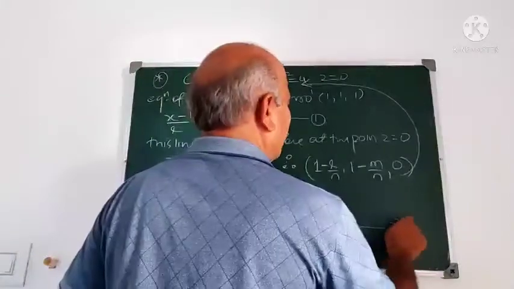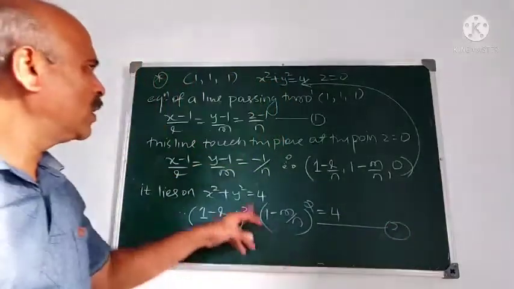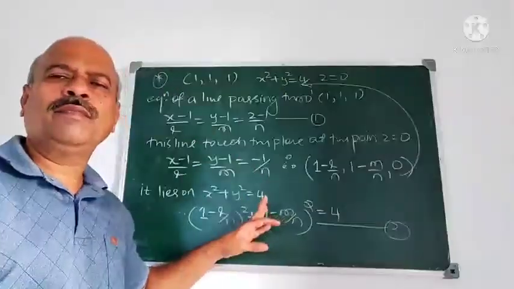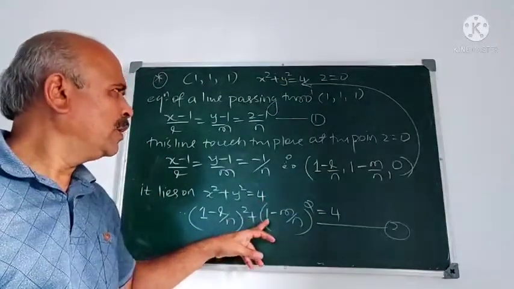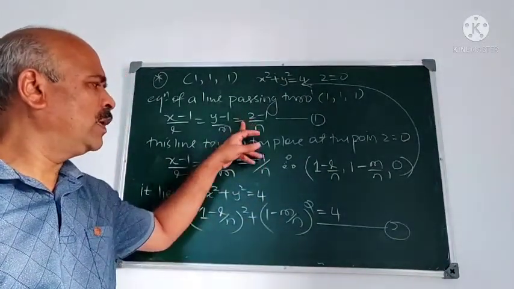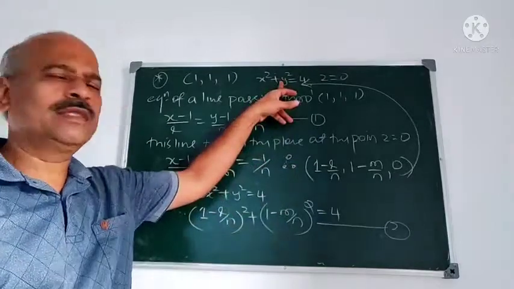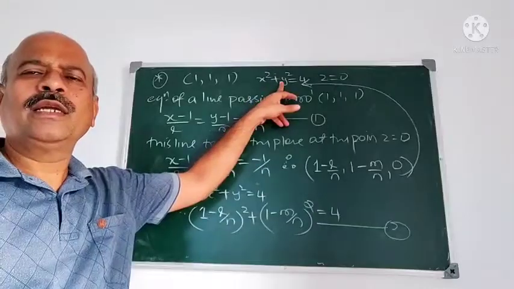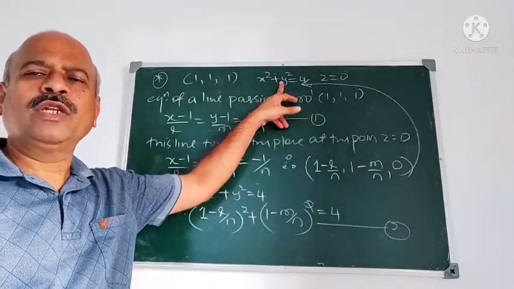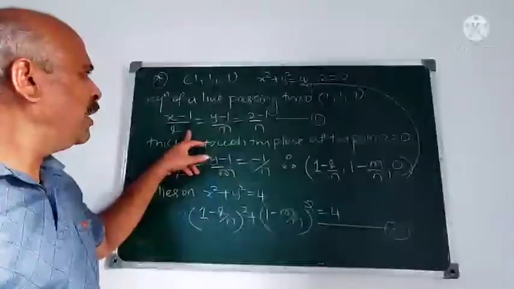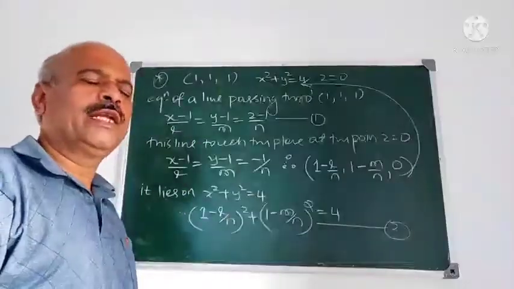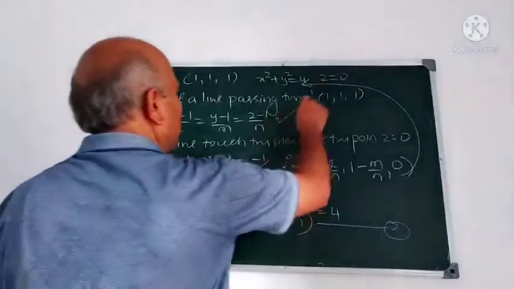Now what is this? This is the condition for line 1 to intersect the given conic section. Now eliminating l, m, n from 1 and 2, we get the equation for this line.